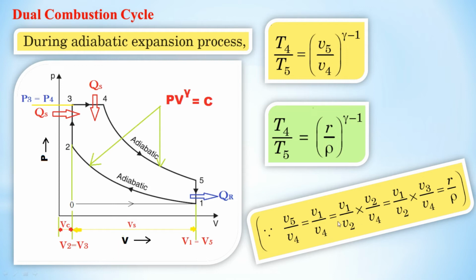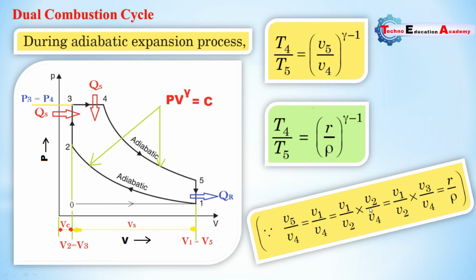Here we multiplied with V2 and divided by V2. So it is equal to 1, so there is no effect. As per the fundamental mathematical rules, we can multiply with the same term in numerator and denominator.